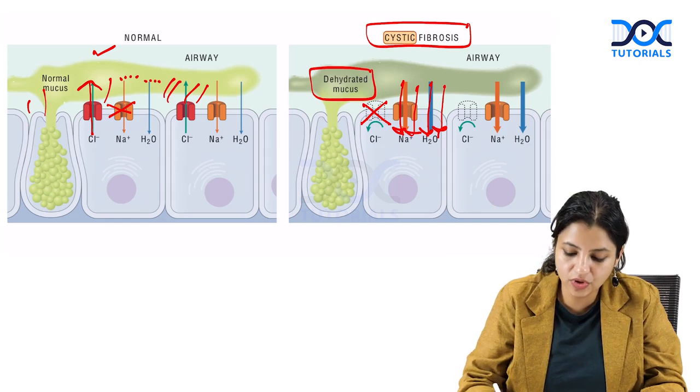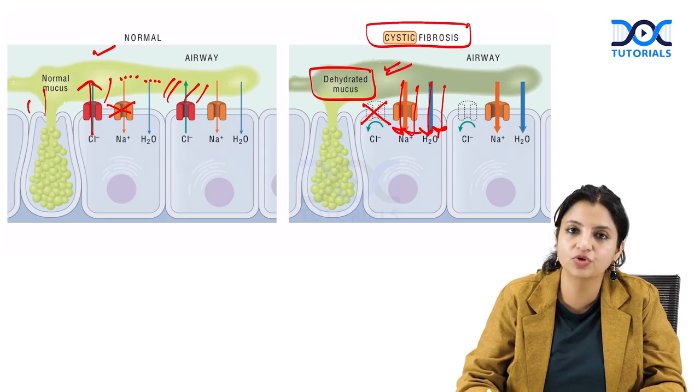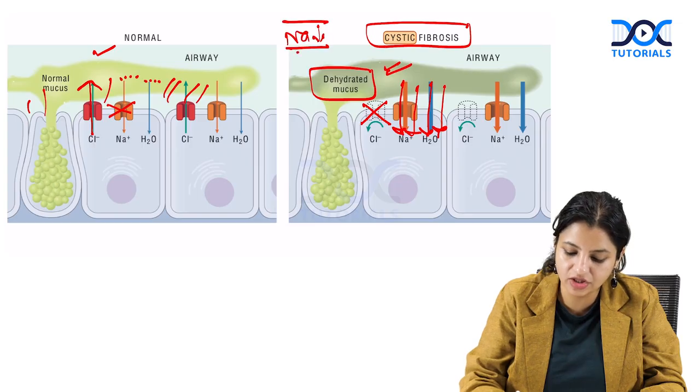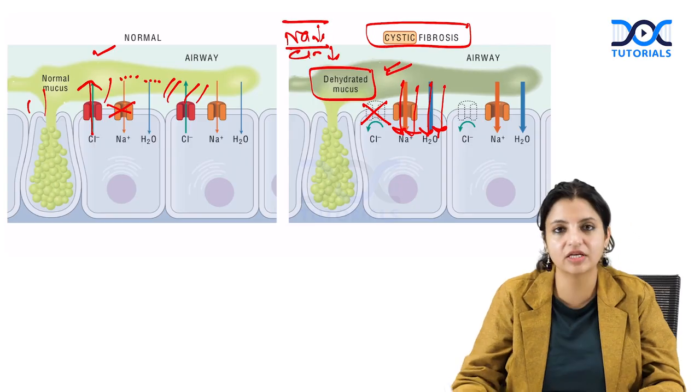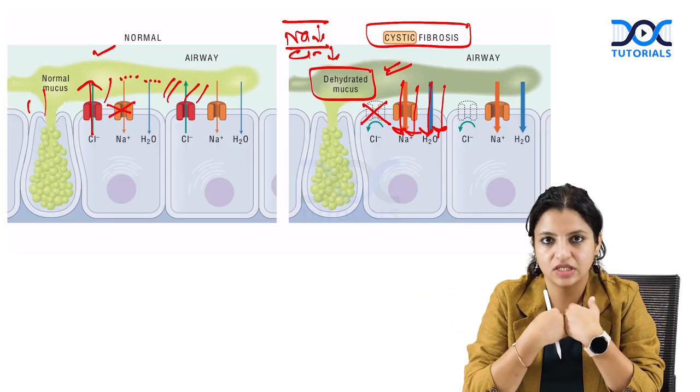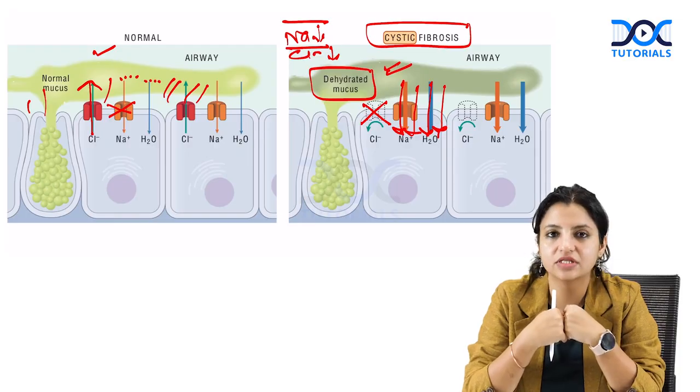dehydrated. If you take this mucus and look at the concentration, the sodium content will be very, very less, and the chloride content will also be very, very less in the bronchus, in the secretions. That's very characteristic of cystic fibrosis.